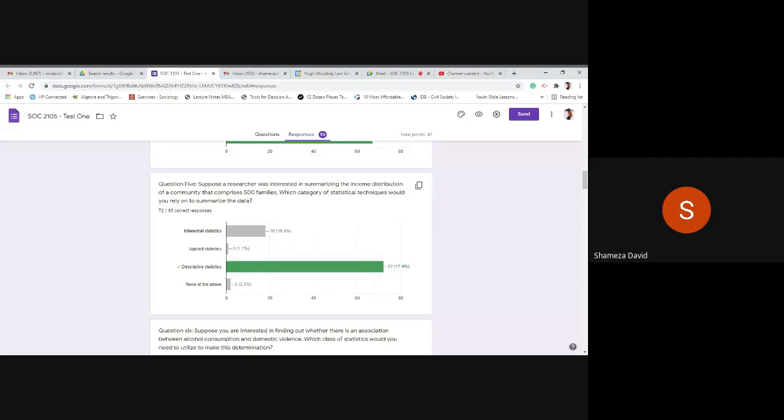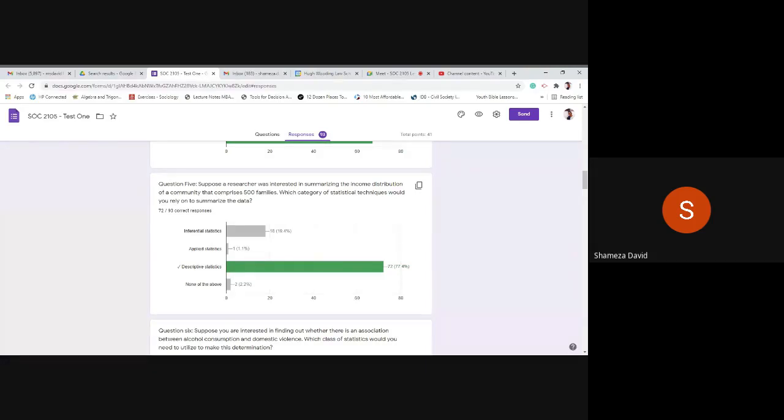If you go back to the definition of descriptive statistics, it says that descriptive statistics is concerned with organizing, summarizing, and then of course presenting data. And so once you're talking about summarizing, you have 500 families and you're collecting data on income for all 500 families. You will have to find some way to first put that in a frequency distribution table.